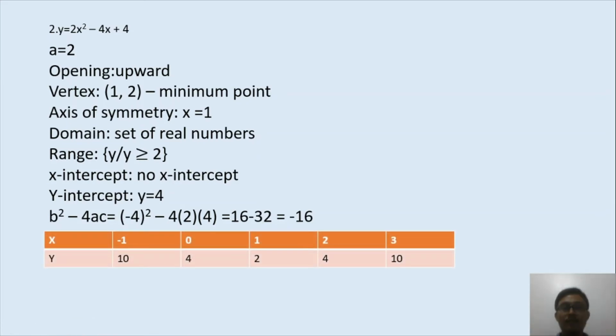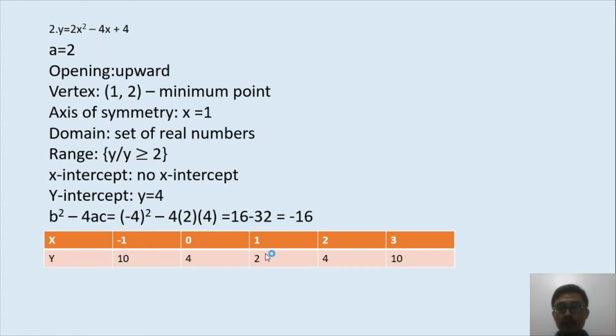Then here, doon naman sa table of values, so makikita natin yung vertex na 1, 2, yun yung usually nilalagay sa gitna. Para pag ginraph natin siya. And then, kuha tayo ng numbers after 1, which is 2, 3, x coordinate, and then 2 numbers before 1. So, you have 0 and negative 1.